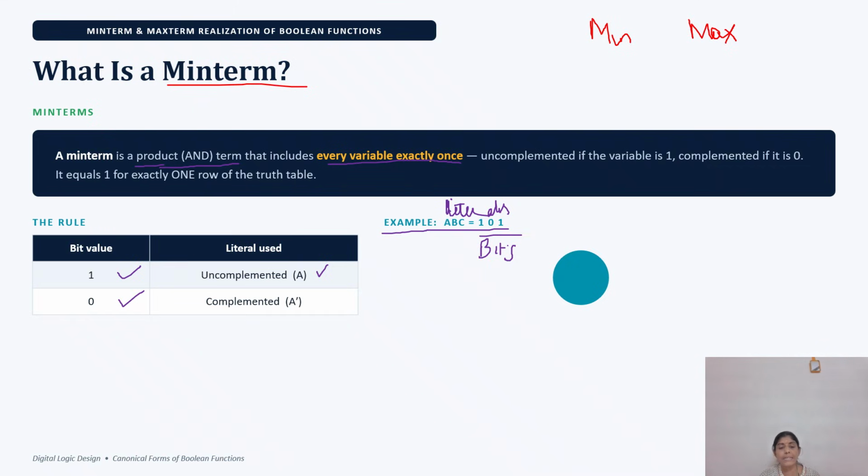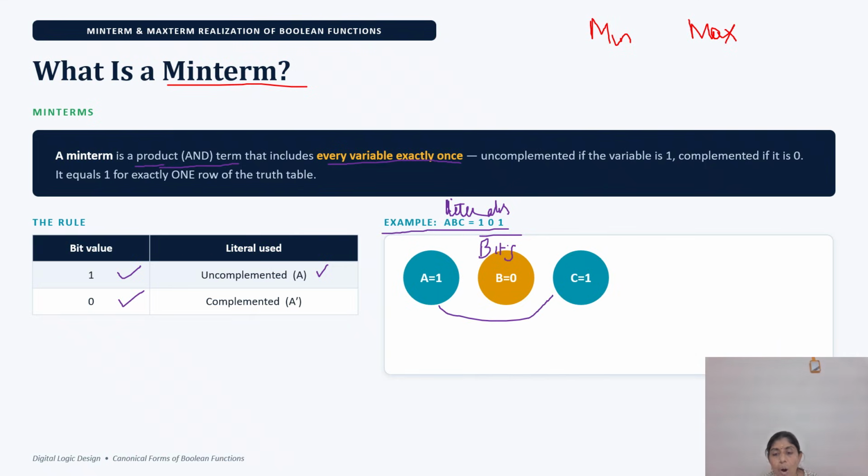That represents a complemented form, A bar, right? Okay, so check what is coming at this part. How many bits do you have? 3 bits. One, A equals 1. The next bit B equals 0. The next bit C equals 1. So A and C are in uncomplemented form, but B is in the complemented form.